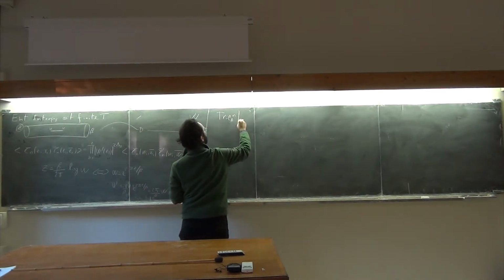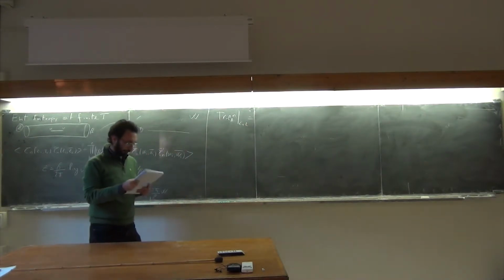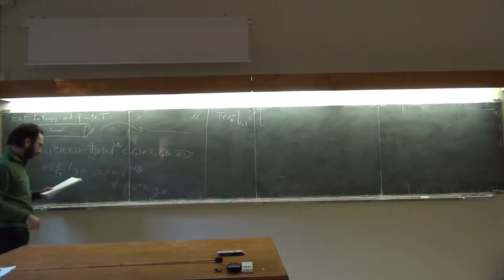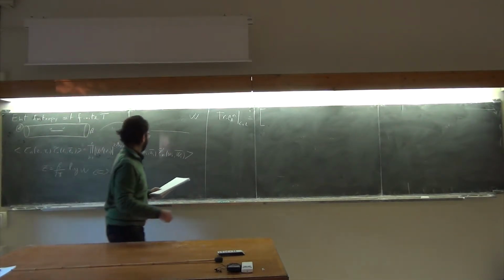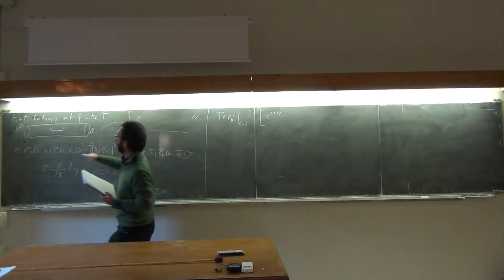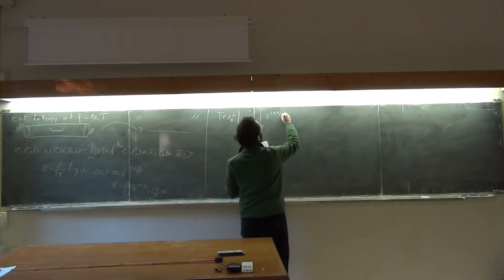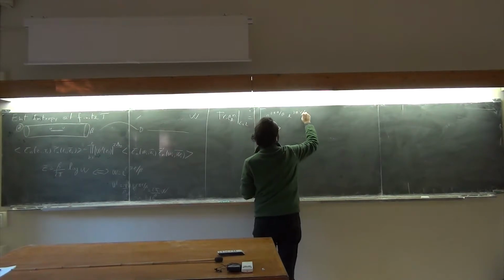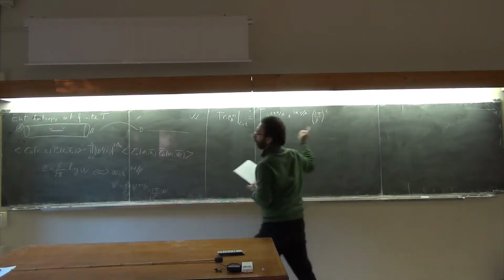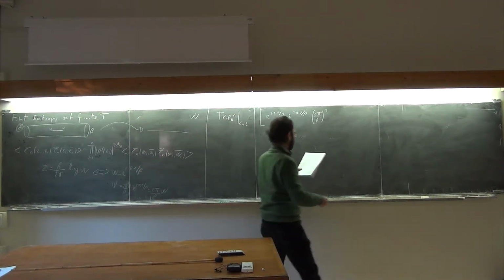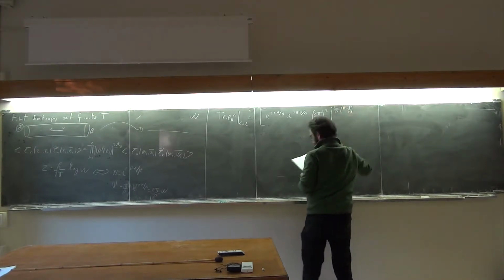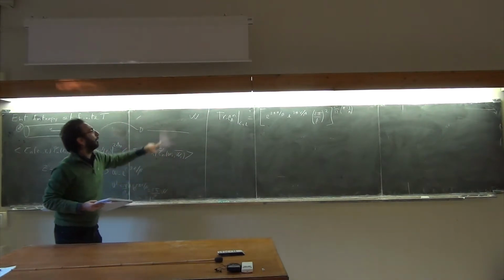Trace of rho_A to the n, let's say, on the cylinder is equal to the absolute value of the derivative that we can take from here, 2 pi over beta e to the 2 pi u over beta, evaluated at the points z1 and z2, so e to the 2 pi u divided by beta, e to the 2 pi v divided by beta, 2 pi over beta squared, one for each derivative, everything to the power delta_n, that is c over 12 times n minus 1 over n, times the two-point function on the plane.